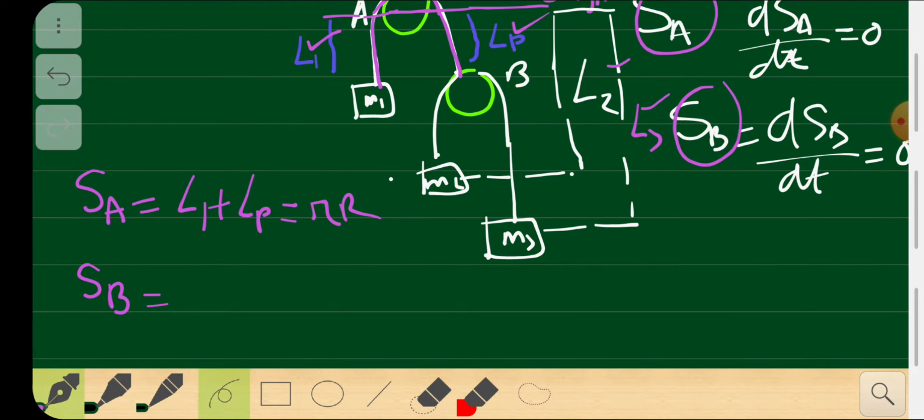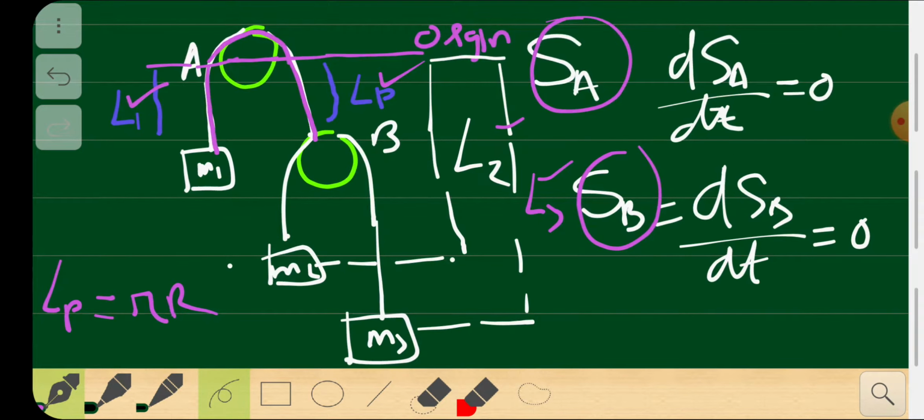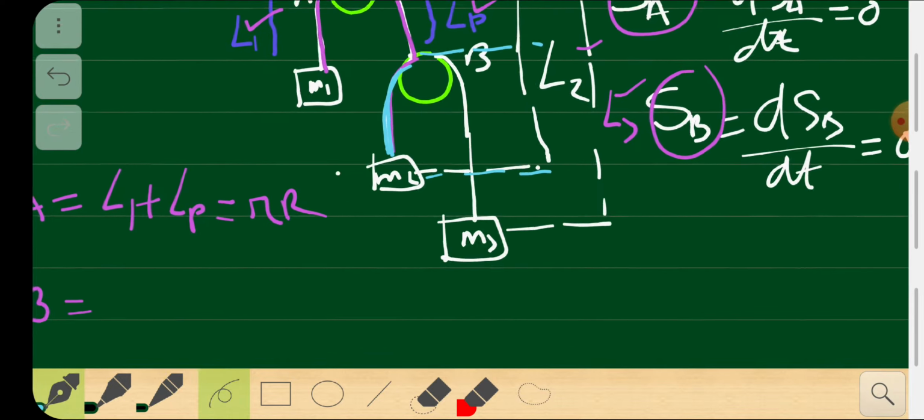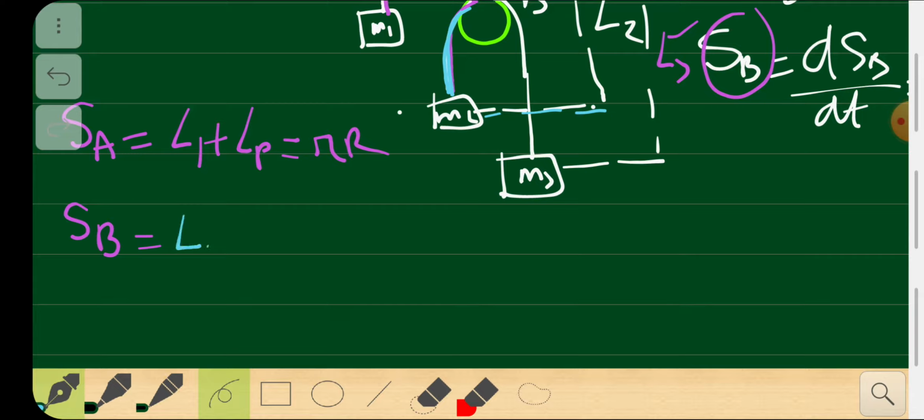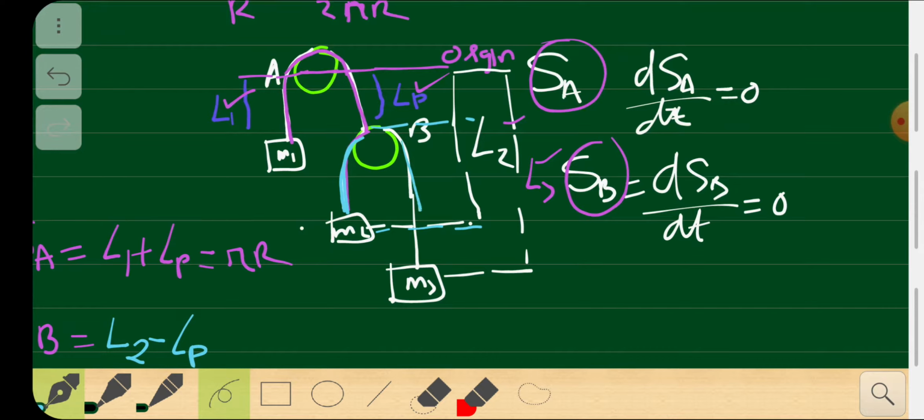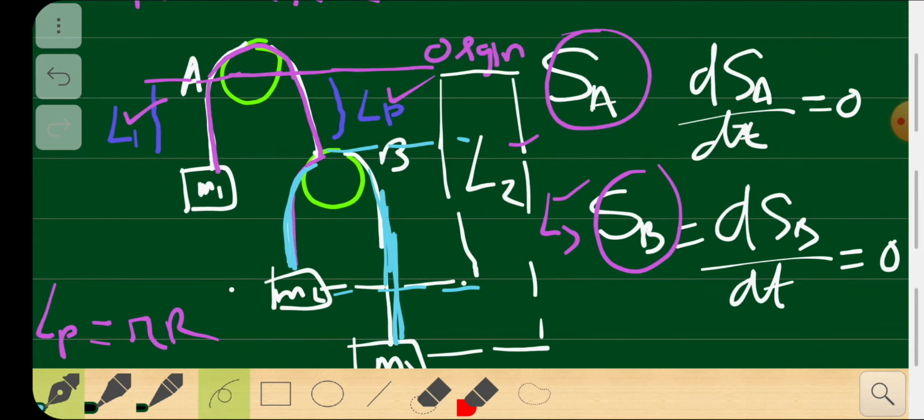Now string B, that's a bit complicated. What is this distance? I'm going to use a different color. This distance will be L2 minus LP, so I'm going to write down that it is L2 minus LP. And what is this distance downwards?